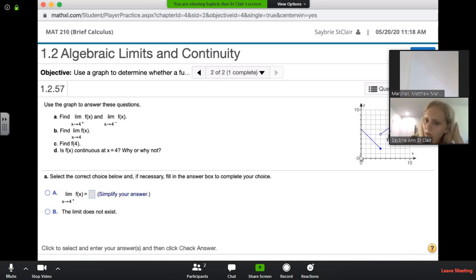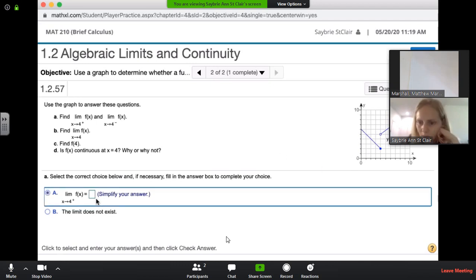So 4 on the x-axis, approaching that graph from the right. Looks like you hit that open dot, right? And then whatever that is on the y-axis, that's your limit. Five.